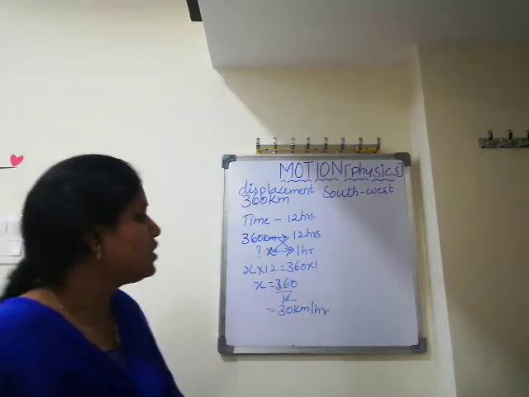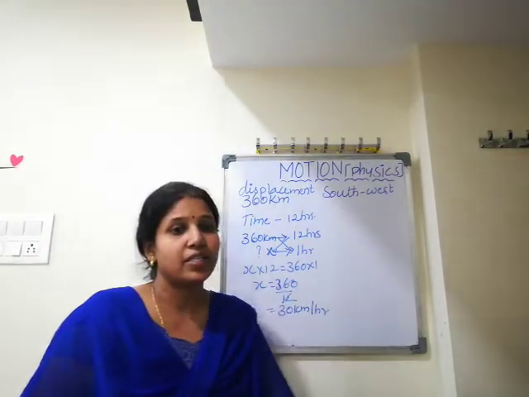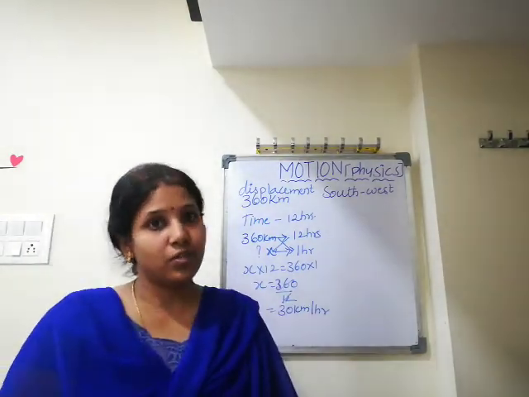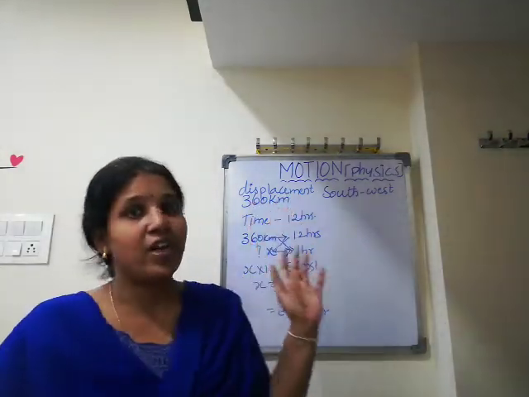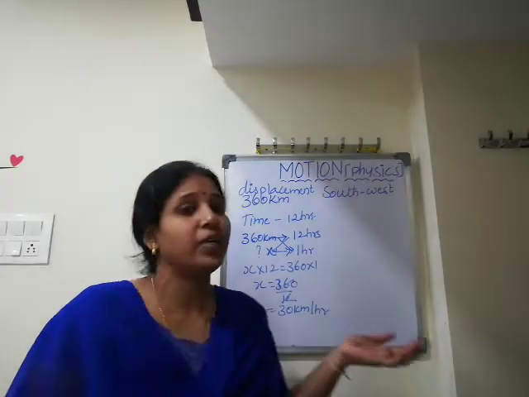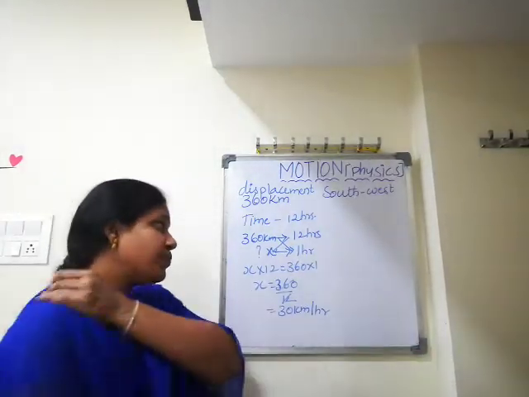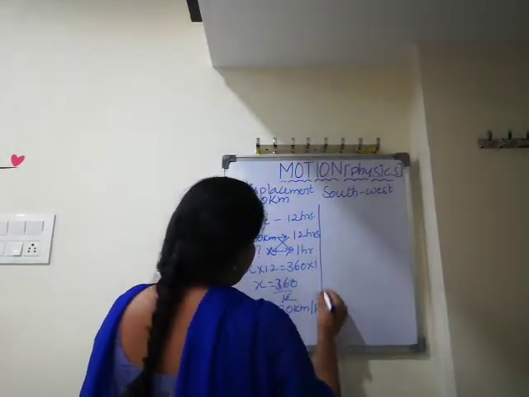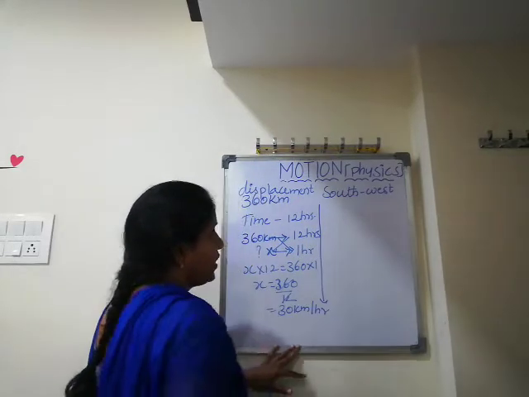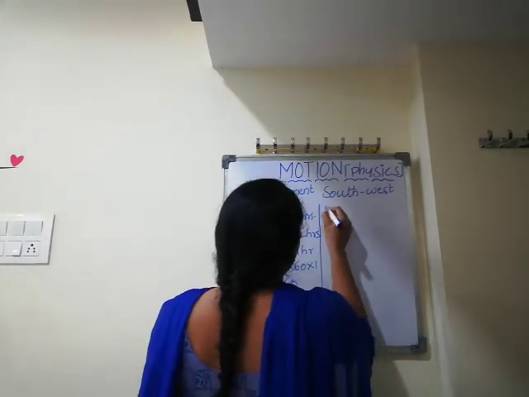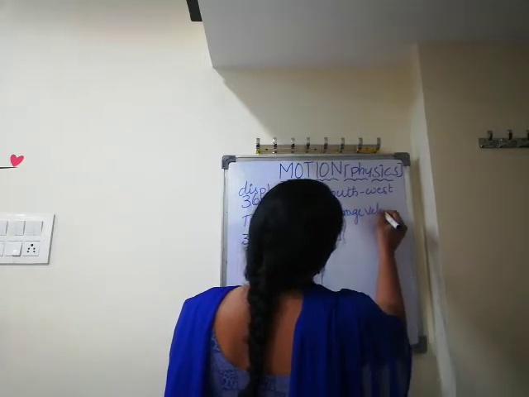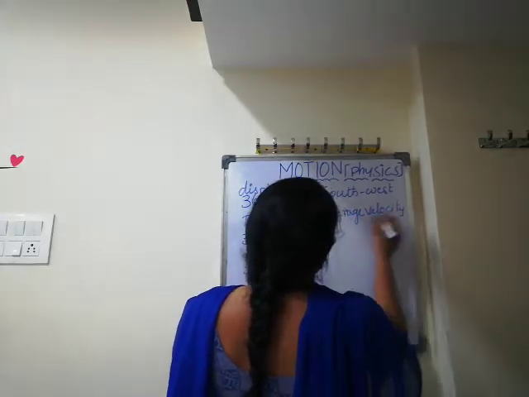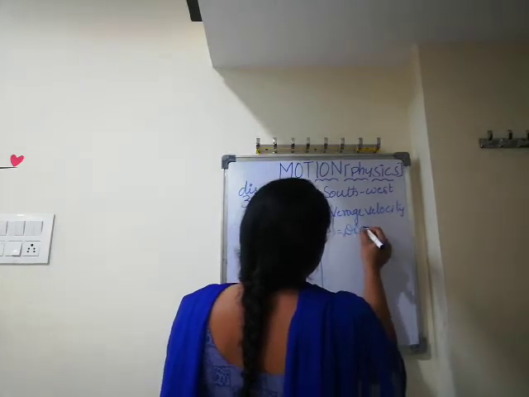And this displacement also we have to call average velocity. Since displacement is mentioned here, we have to consider this 30 kilometers per hour as average velocity. Velocity means a particular direction will be there, yes or no? And the formula for average velocity is equal to displacement by time taken.